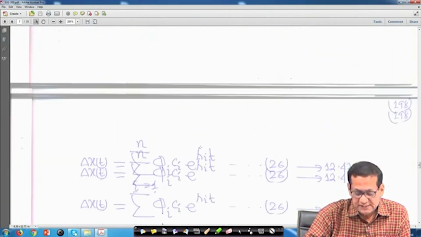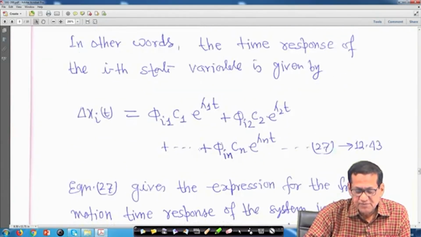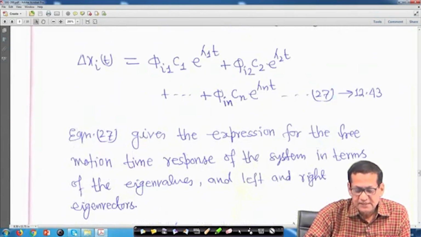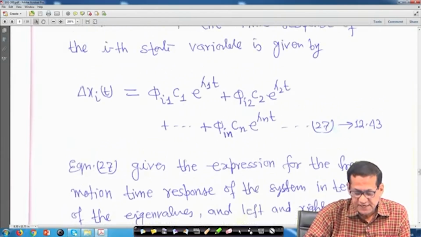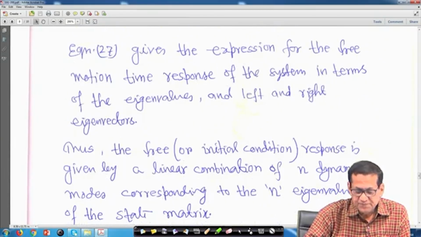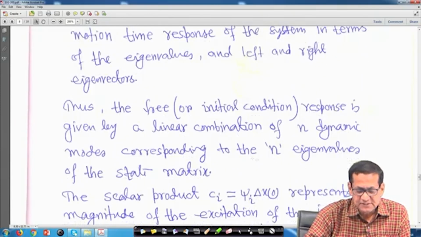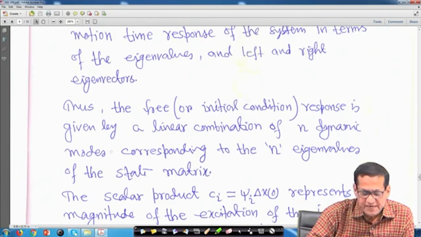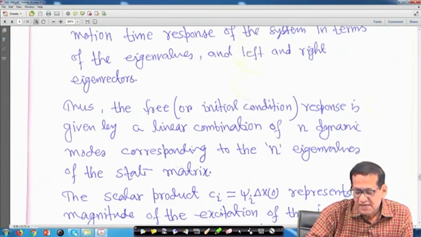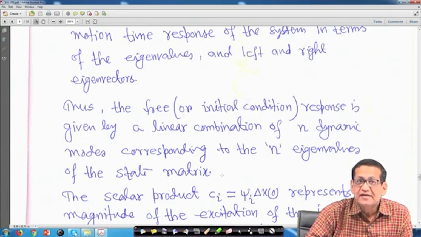So this response is a function of both the left and right eigenvectors. Thus the free or initial condition response is given by a linear combination of n dynamic modes corresponding to the n eigenvalues of the state matrix.